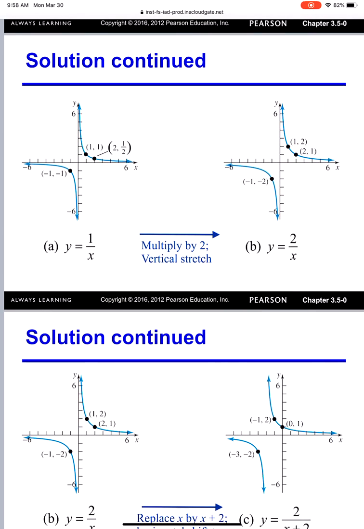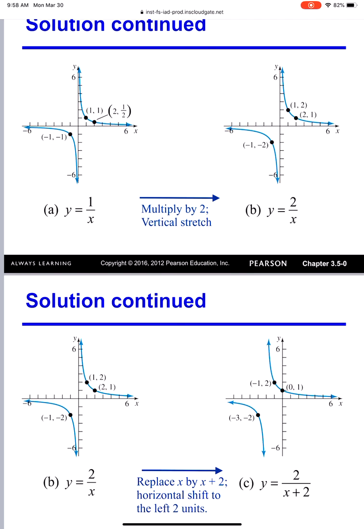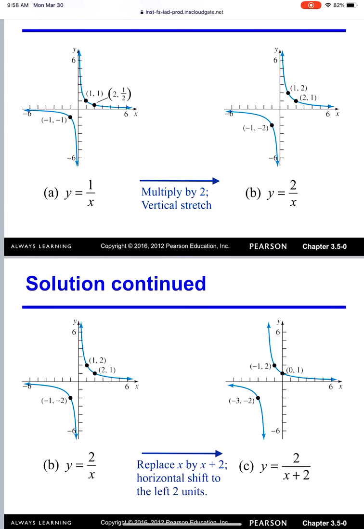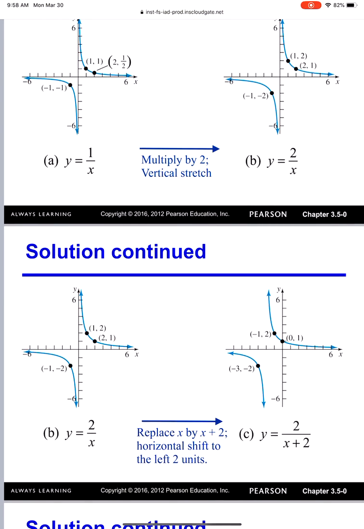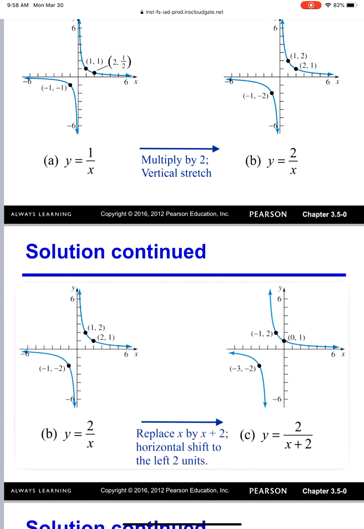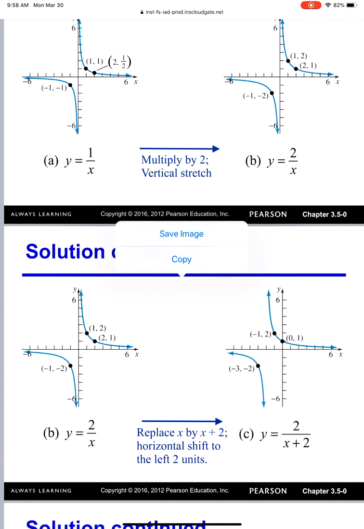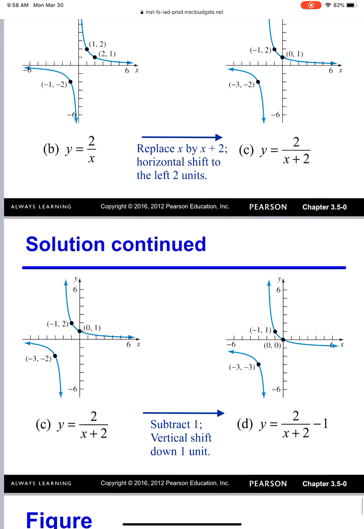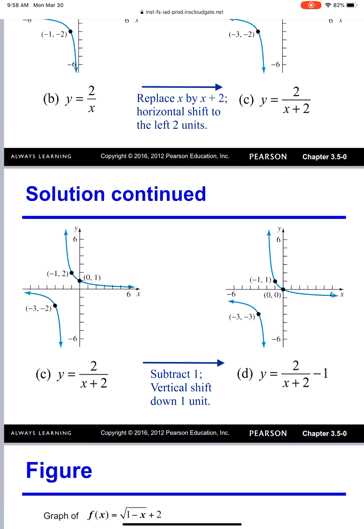So we use the second graph to show that horizontal shift 2 units to the left, which is graph C. And the last one was our vertical shift 1 unit down. So you're going to use graph C and push each point of the graph 1 unit down. And this is what we end up with.